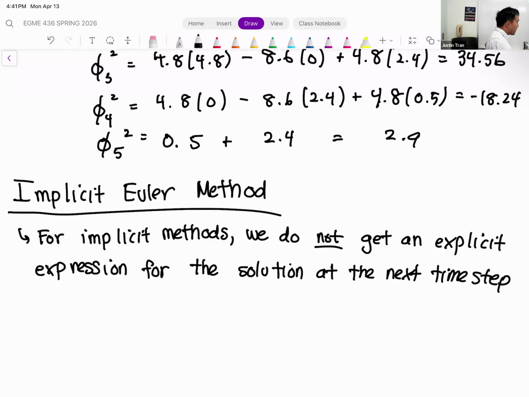What we're going to get instead is that the solution at the next time step is implicitly defined based on the equation that we're going to derive.